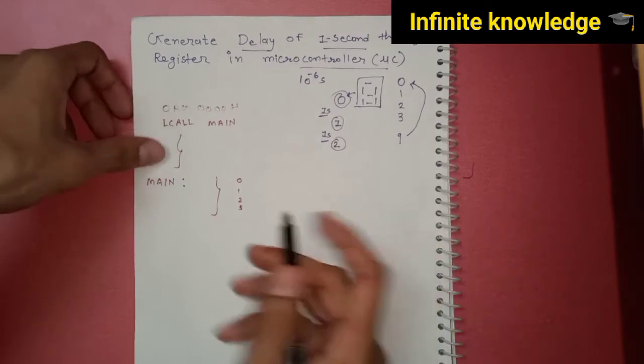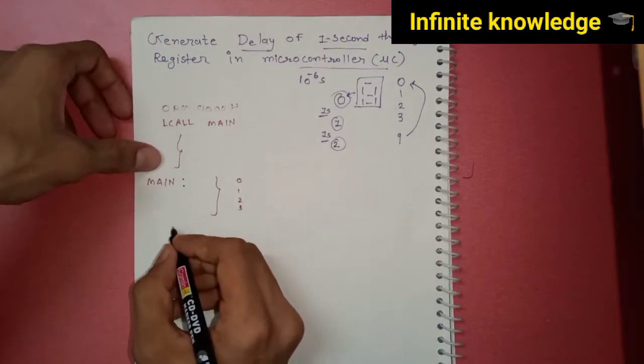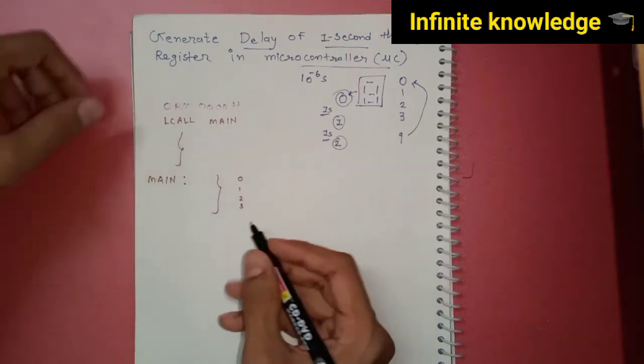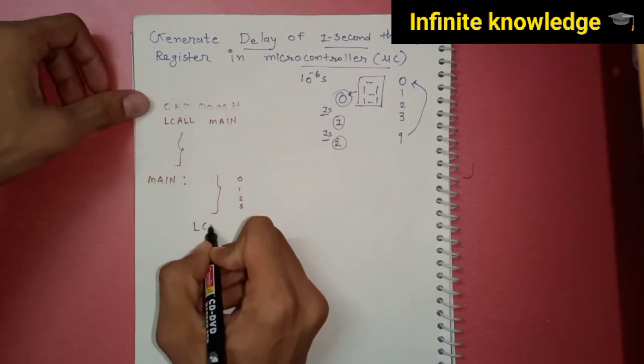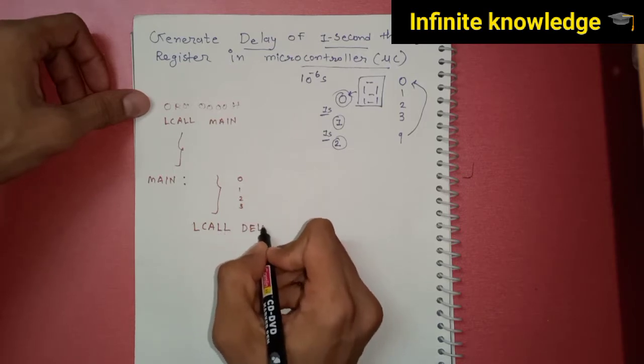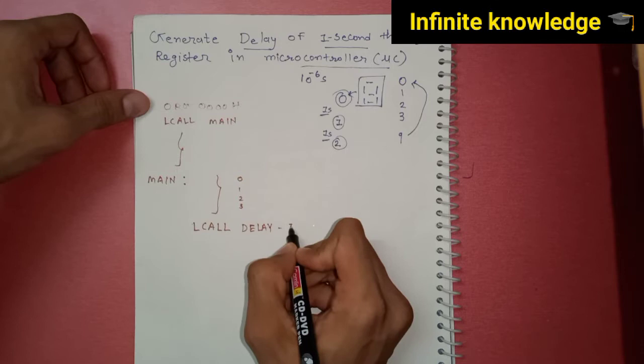So you have to write one instruction in the main program, that is LCALL DELAY. This is the call to the delay for 1 second.